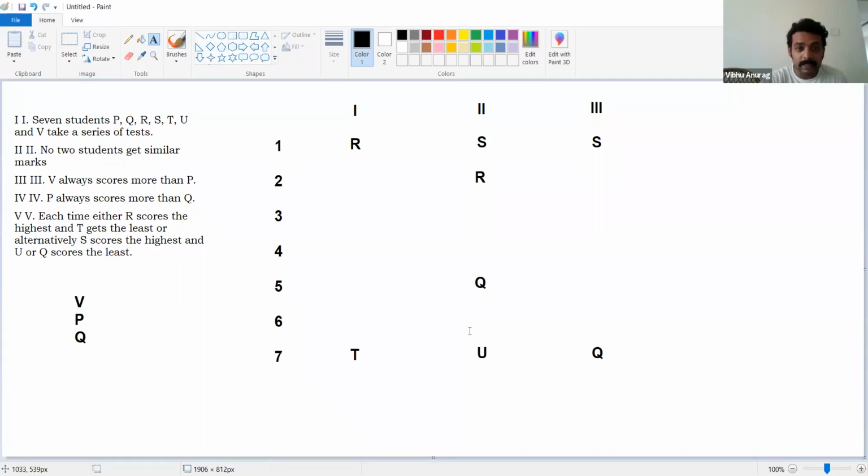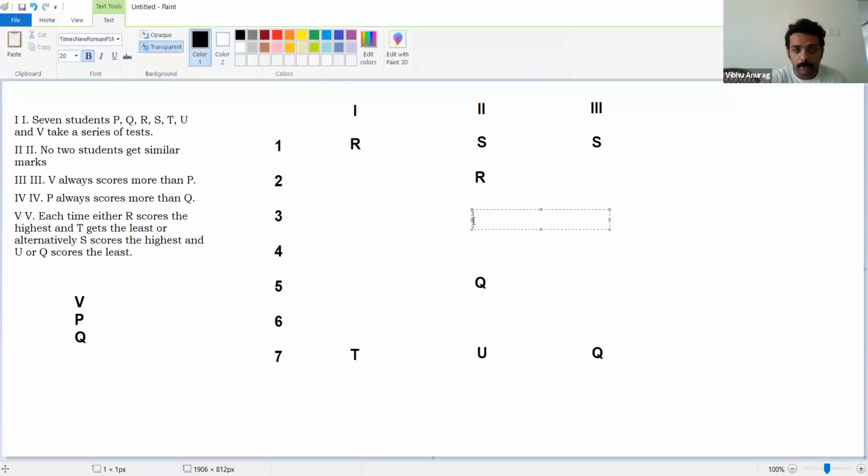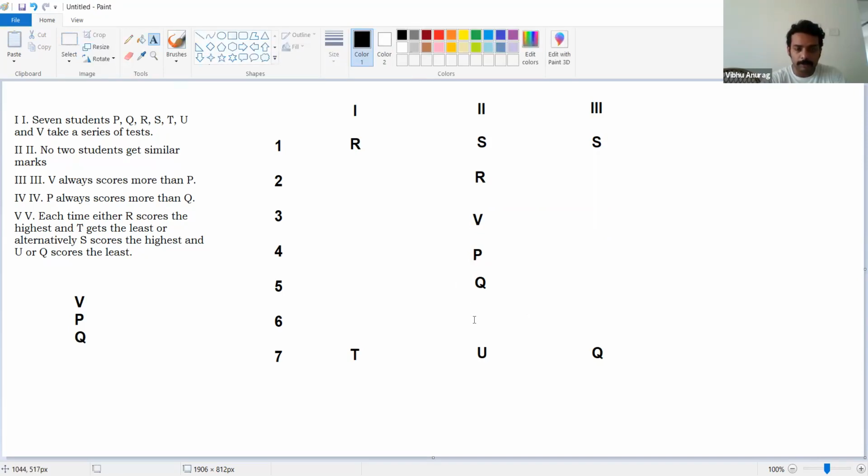T is ranked 6th, yes, because I have to put V and P above Q. So I must put V as third and I must put P as fourth, and then Q is fifth and T becomes sixth. So D is the answer. Is it clear? Everyone got it? Question 18.